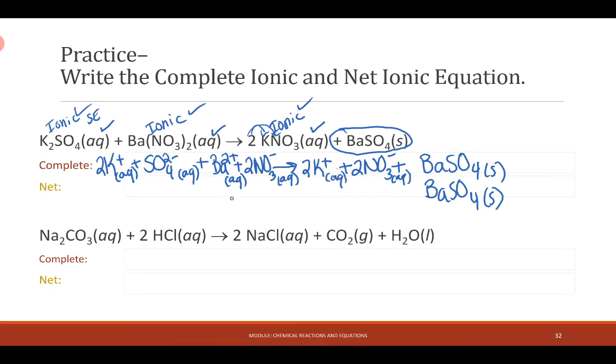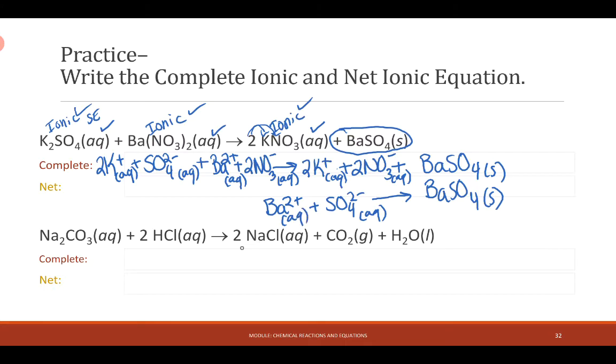For my net ionic equation, I can take my complete ionic equation and cross out any spectator ions. The spectator ions are the ions that undergo no chemical change. I know I'm trying to form barium sulfate, and so I know that the only ions I should have left are barium and sulfate after I cross out my spectators.